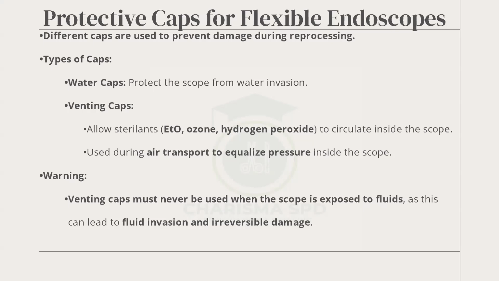So we have the water cap that is used when the device is being used in the OR. And then we have the venting cap, which we use when we as technicians are assembling it for sterilization. Because with the venting cap, the scope is open for the chemical that is supposed to sterilize it to go into the channel.